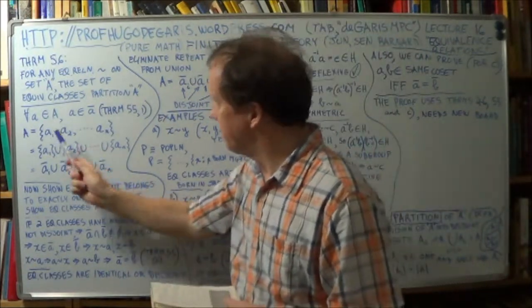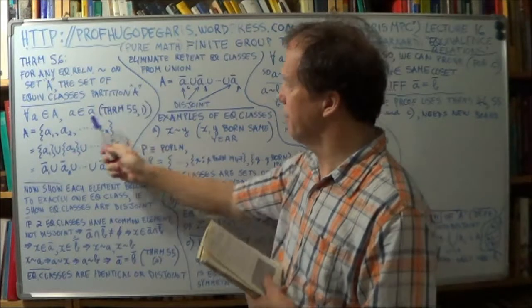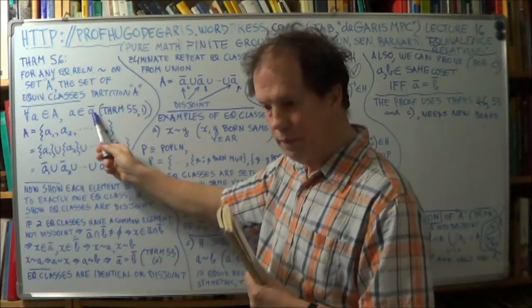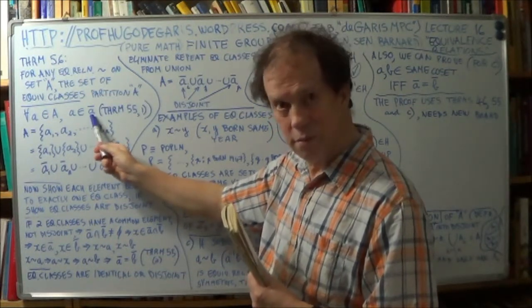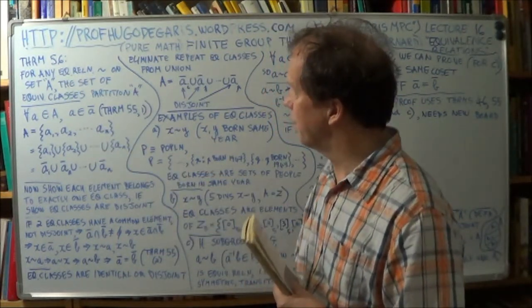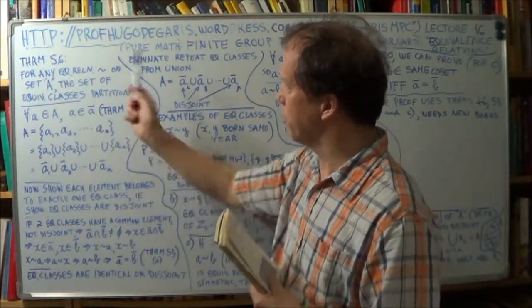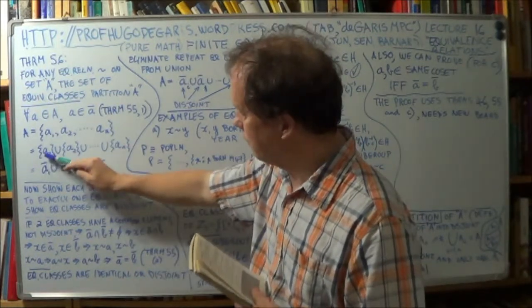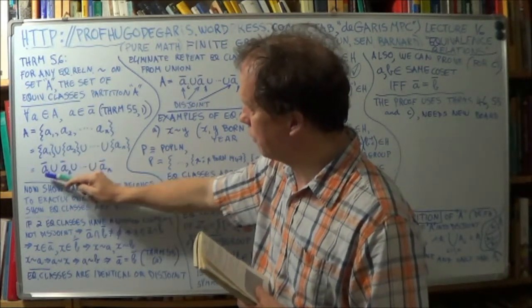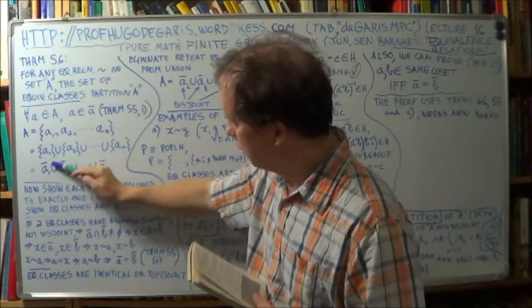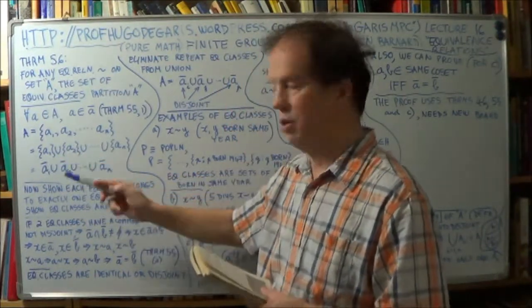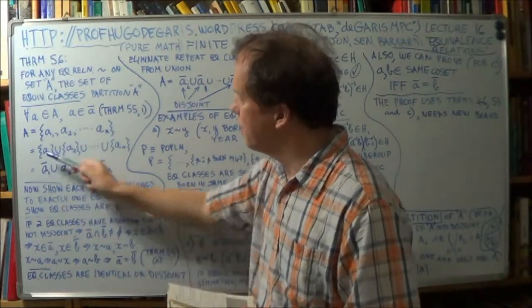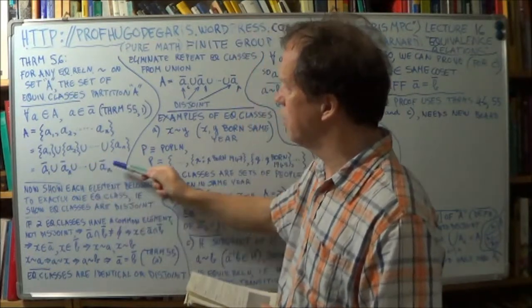Now, from the previous theorem, 55, any element belongs to its own equivalence class. Right? That was a result that we proved in the previous session. Okay, so for any element, we can have an equivalence class. So this class will contain usually more elements than just A1, but it does contain A1, right? So can you see from this you can derive this?